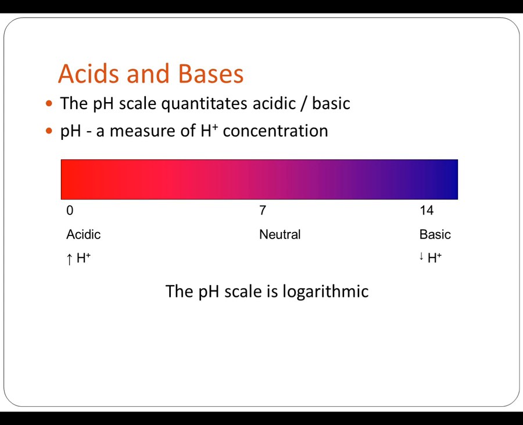Yes, so it's balanced. So if there's a free hydrogen ion, there's going to be something that it could bind to. But it's balanced so that overall there's not more or less.